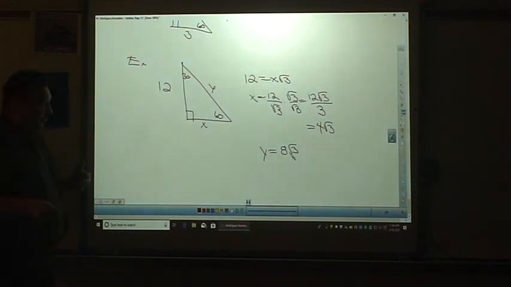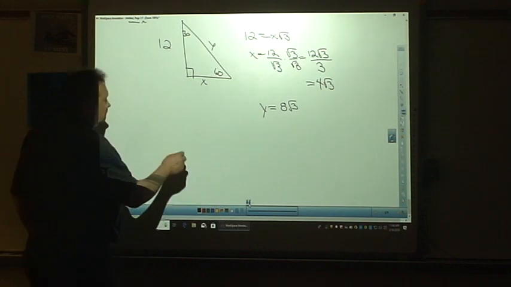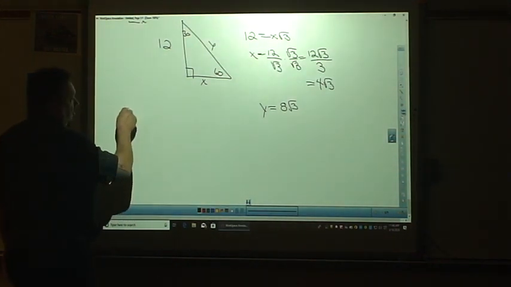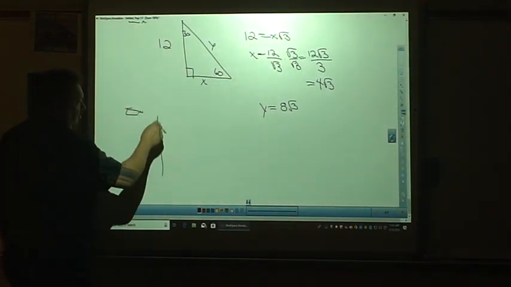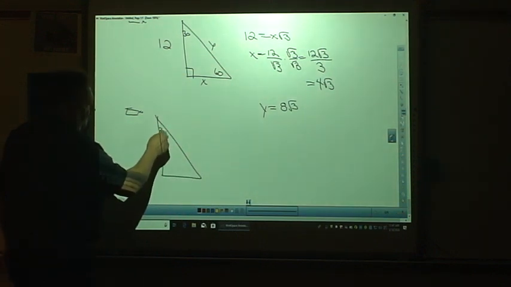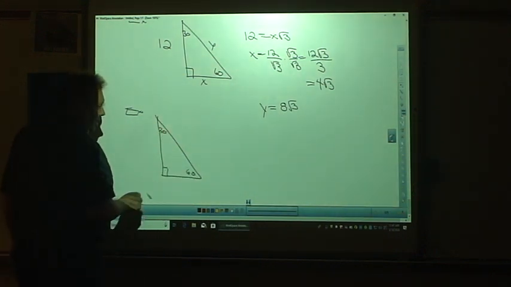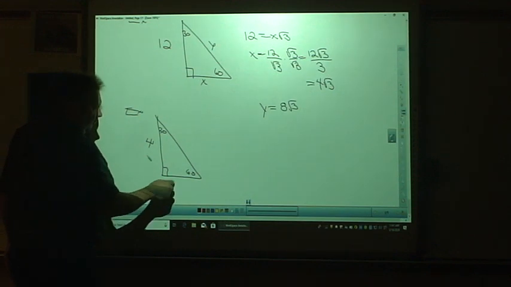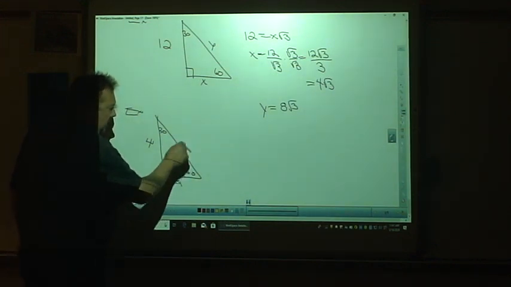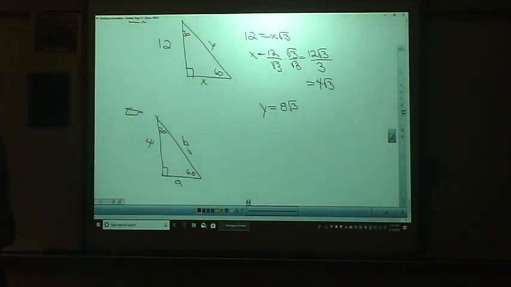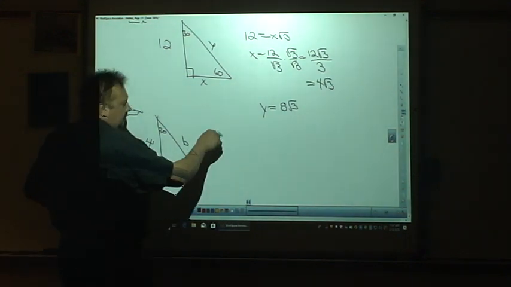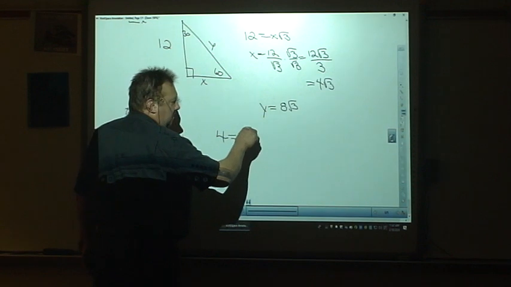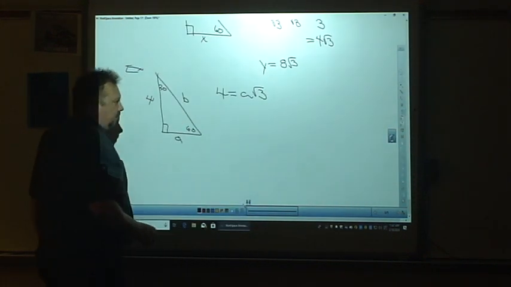Let's try one more of these. 30, 60, 90, 4, A, B. Long leg equals short leg times the square root of 3.